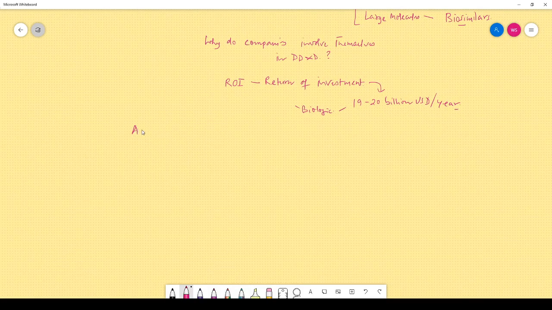So what's the role of academia? Okay. So here, the academia is usually involved in basic science research. Okay, so what is basic science research? You're looking at mechanism of action. You're looking at therapeutic targets.